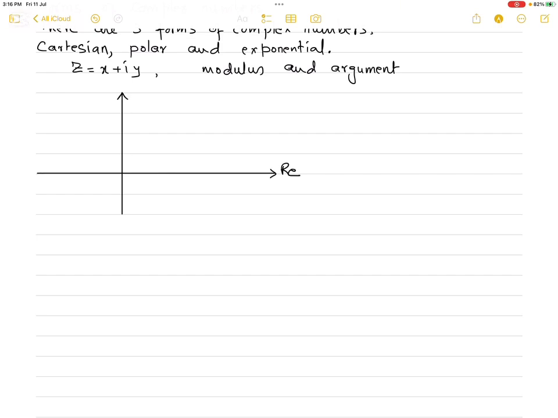Real axis, imaginary axis. This is O. If I mark a point named P, coordinates x, y, and I also name it Z, a complex number. So this is my right triangle, this is my x value on the real axis, and this is my y value on the imaginary axis. So this is my angle theta, and r is my modulus, or the length of the complex number z.